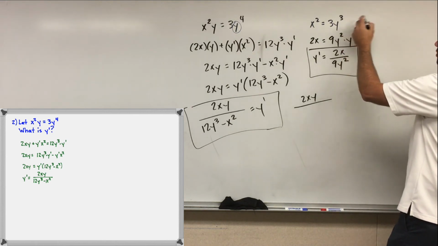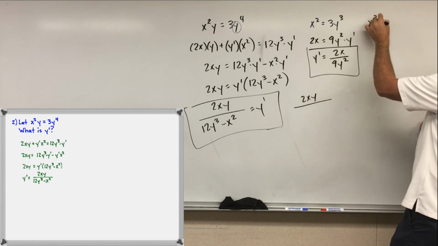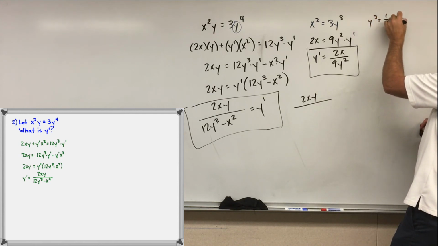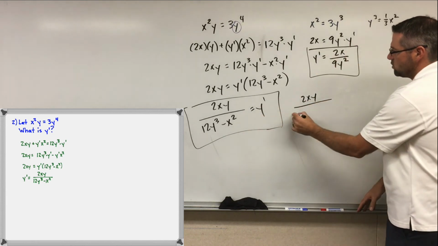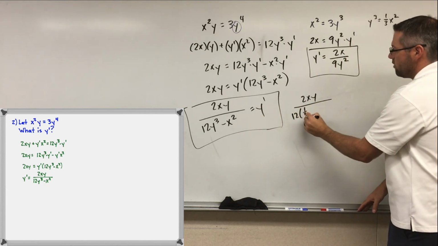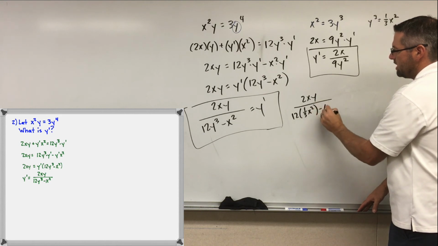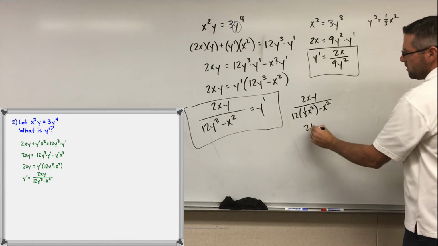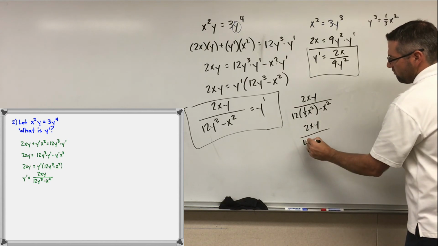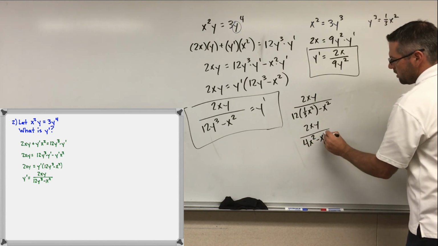So y cubed equals 1/3 x squared. And so replacing y cubed, we get 12 times 1/3 x squared minus x squared. Okay? And then we end up with 2xy over 4x squared minus x squared.